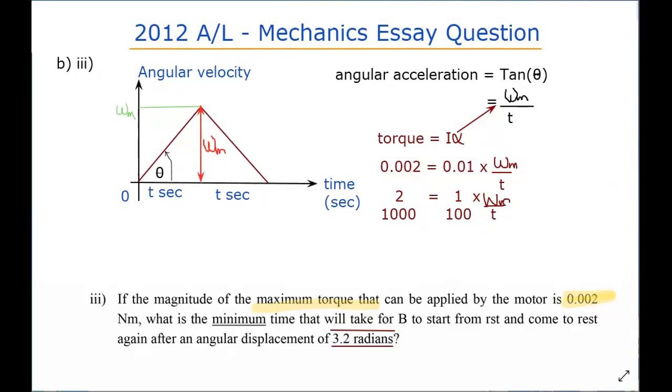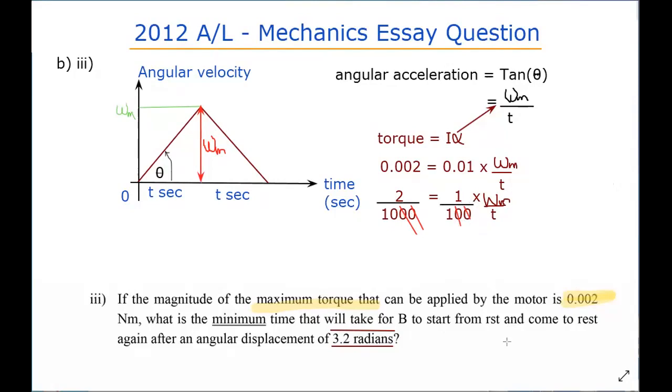So finally, I'm just writing the simplification steps. Two of these zeros can be cancelled out with these two zeros. It means now we have obtained an expression for omega m over t.